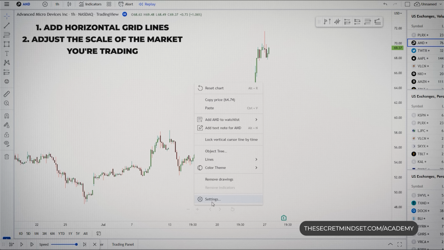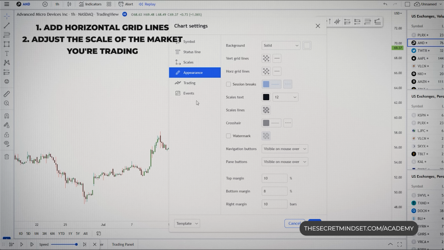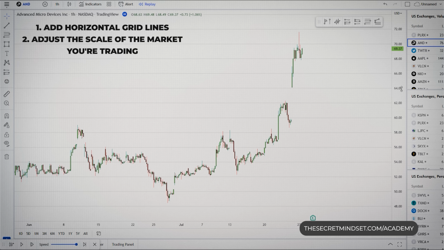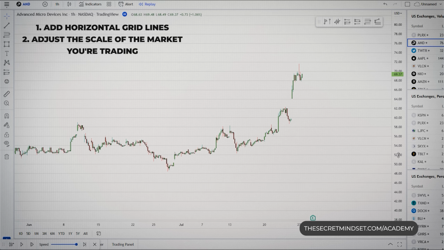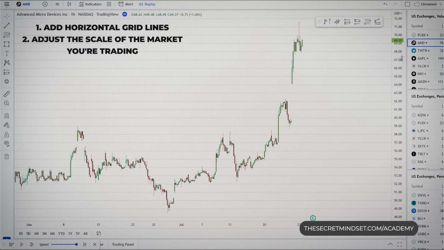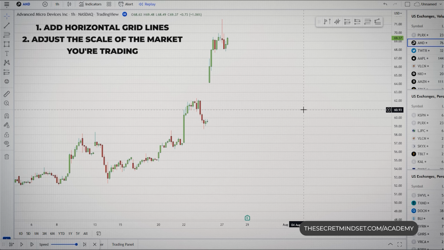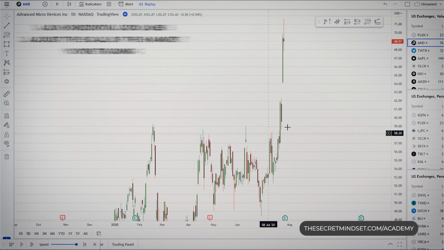To plot these round numbers, I first add on TradingView the horizontal grid lines. Then I simply adjust the right margin and play with the scale, depending on the market I'm trading. These psychological levels are perfect for identifying high probability supply and demand areas.